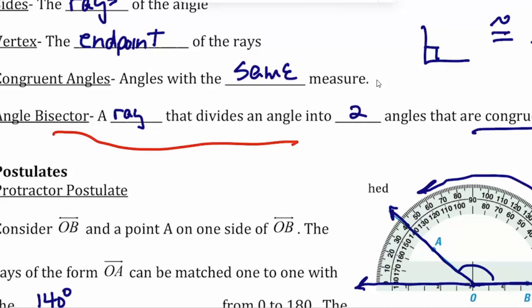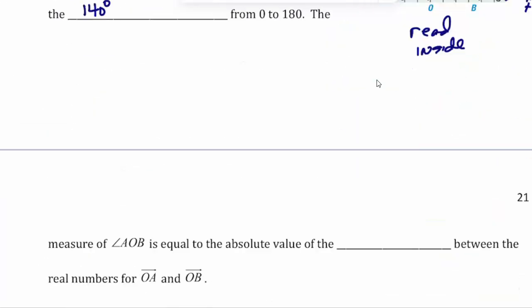I'm going to start where the 0 is, right here. I'm going to read the inside. Here's where the 140 shows up, so I now know that this angle is 140 degrees. I'm reading the inside since I'm opening on the right. This is the right side, and that's where I'm opening, so I'm going to read the inside. Okay, let's keep going.